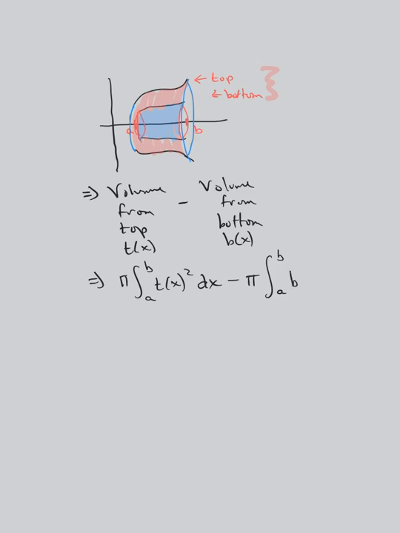That's important. b of x squared dx, like that. But see, we have a pi in both of them, so it can factor out. And then also I'm integrating over the same region, and so I can combine them into one integral. And so you might see this formula right here if you do some reading.